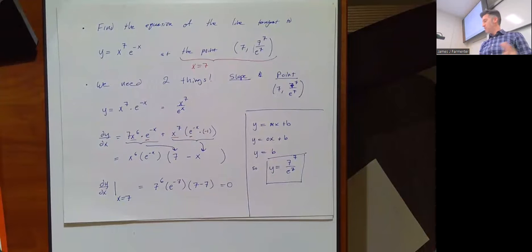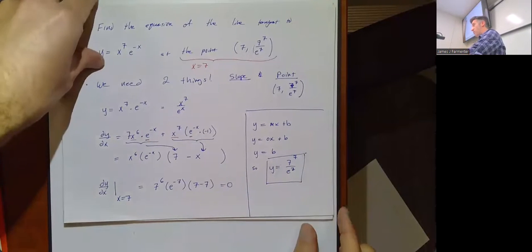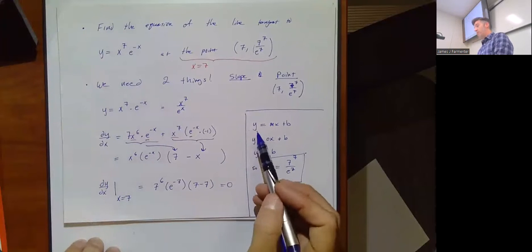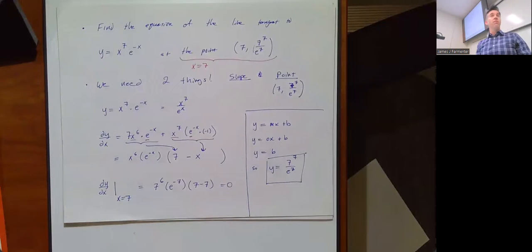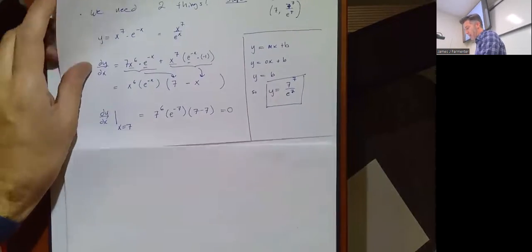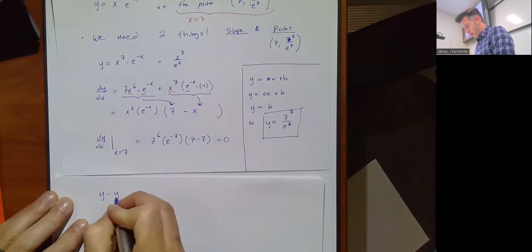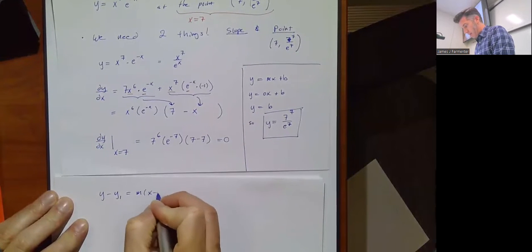I will mention, this is not the way I usually find the equation of the tangent line. What I would actually probably really do instead of the slope intercept form is I usually prefer the point slope form. I would have said, instead of y equals mx plus b, let's do y minus y1 equals m times x minus x1.